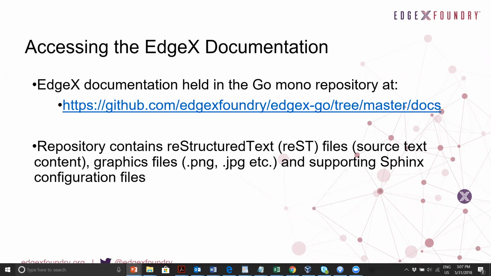So all of the EdgeX documentation is now held in the Go Mono repository underneath the documentation directory: all of the restructured text files and all of the graphics and images that are referenced within the EdgeX documentation files.